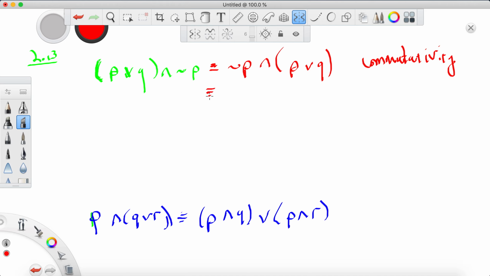Okay, so what do we do here? Well, we look down at this and we say, okay, so here we have a P, here we have a not P. So in the last example, I guess it was two examples ago, I turned a not P into a capital P. We're not going to do that. We're just going to see the general fact and keep it in mind, right? So here, what is our Q? It's a P. What is our P? It's a not P. And our R is a Q. So a lot of mismatching. But anyway, let's see.